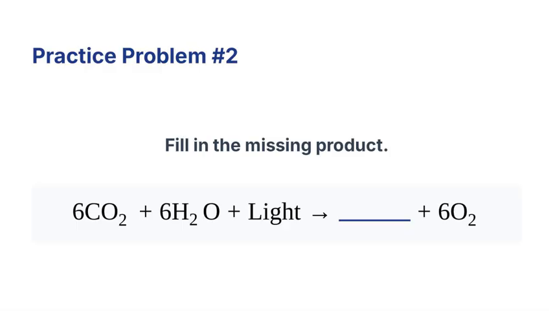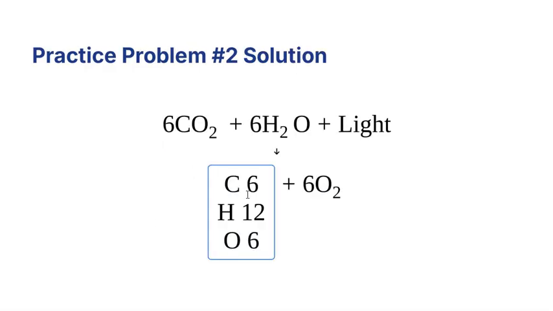I can do that as more and more people start to watch my videos, and I can make more complex videos. But right now, I just really want to help people who are in intro bio. So let's see the solution. C6H12O6, or glucose.